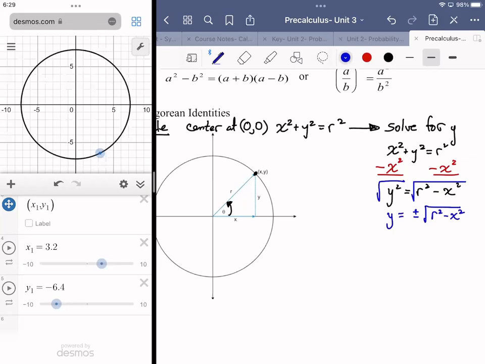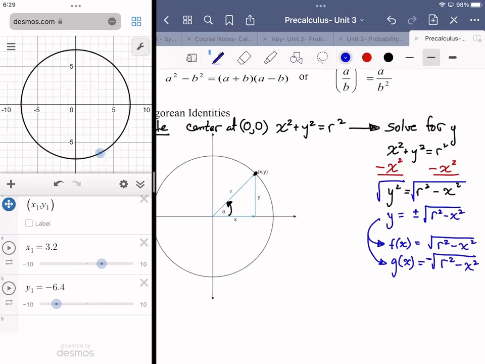So what this actually gives me is a function of x, or two separate functions of x. I could write it as f of x is equal to the square root of r squared minus x squared, and another one, well, I'll call it g of x to distinguish one from the other, which would be negative the square root of r squared minus x squared.